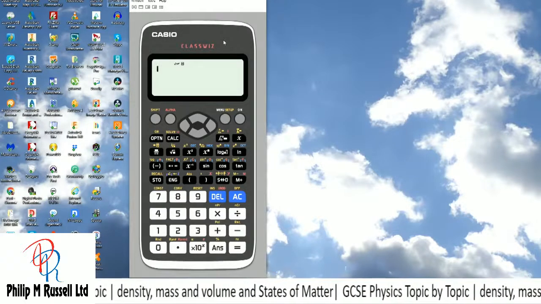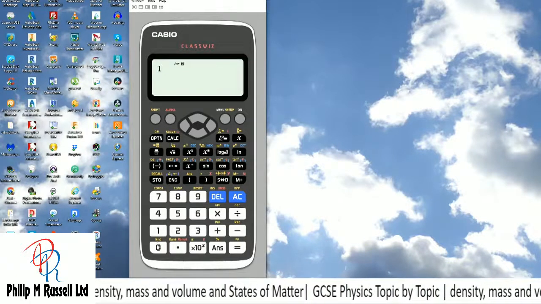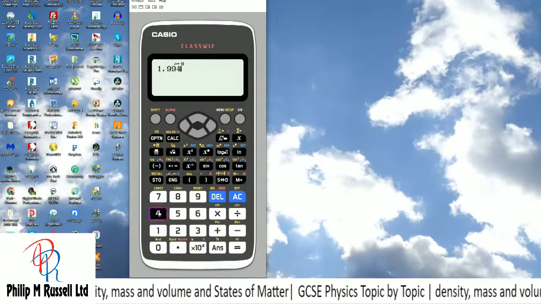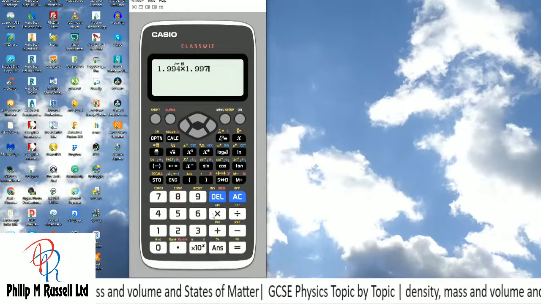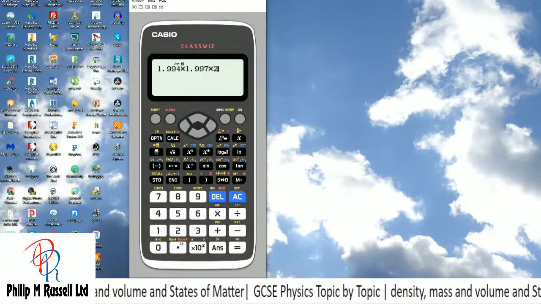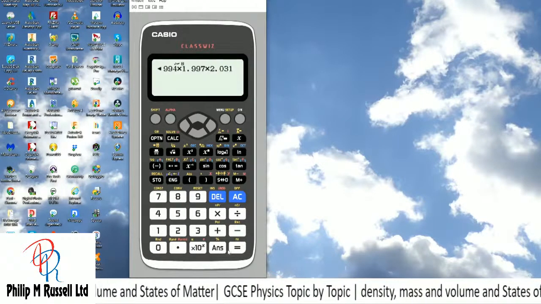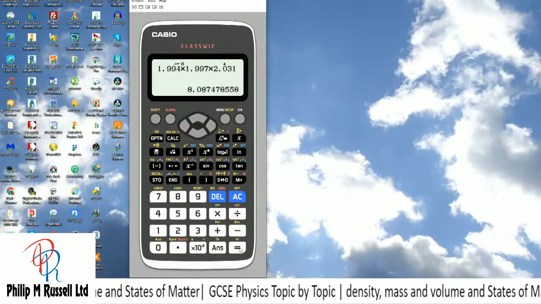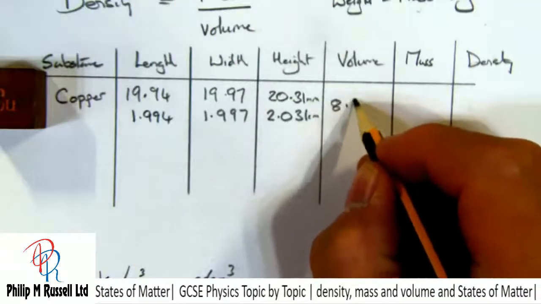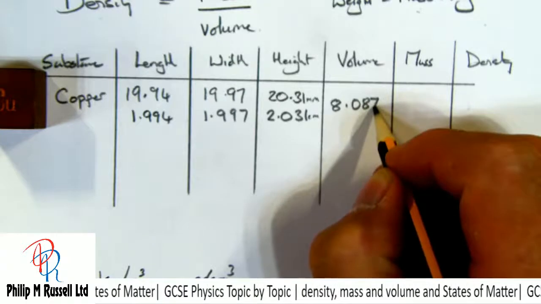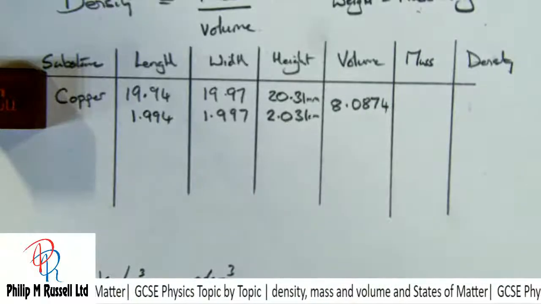So let's put in my numbers, which are going to be here 1.994 times 1.997 times 2.031, and that's going to give me a volume of 8.087. And I've rounded it there. I could have left it with 4 if I wanted to.